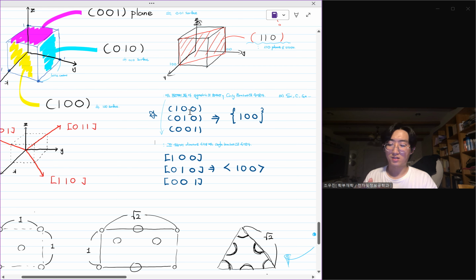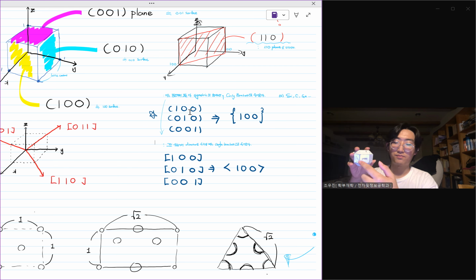Let me introduce it by the structure. This structure has a surface; if x, y, z is here, this is x, this is a symmetric structure.